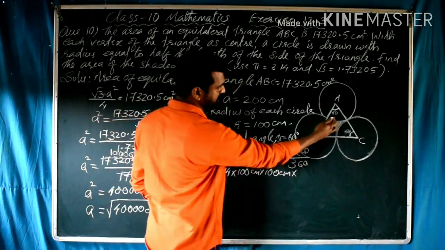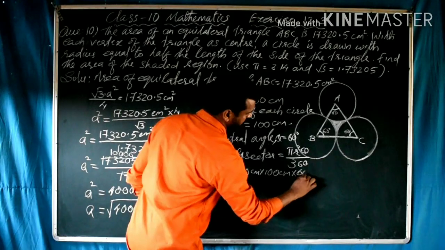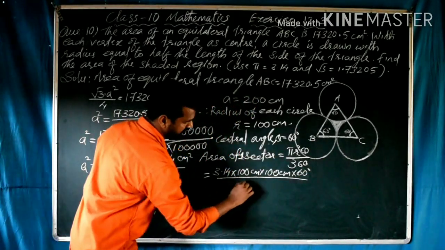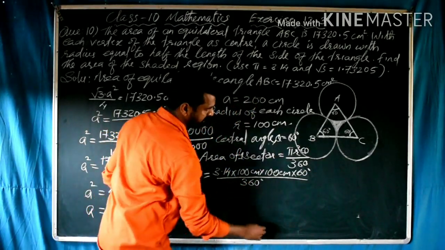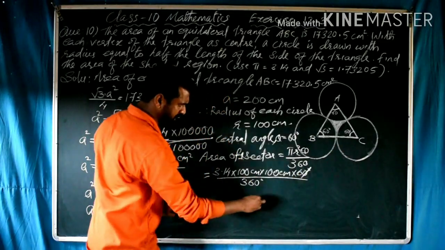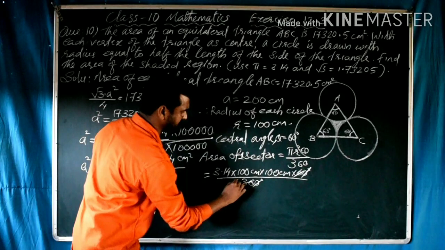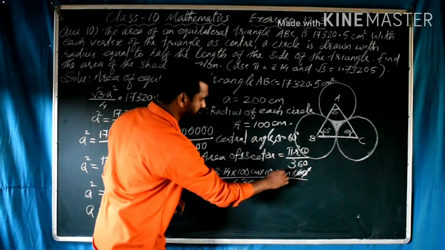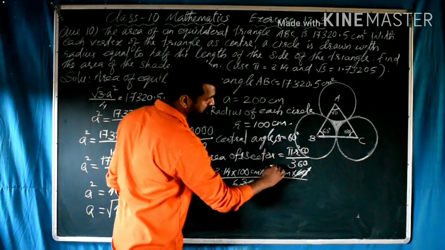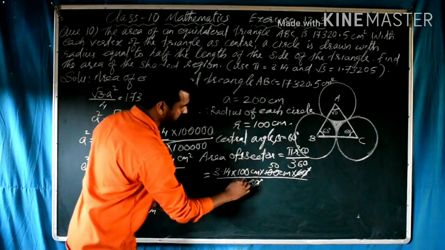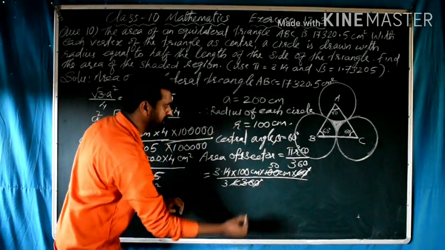Central angle theta is 60 degree, divided by 360 degree. Now 60 divided by 360 we can cancel, 0 cancel, 6 divided by 36, 6 sixes are 36, then 100 divided by 2 is 50, 60 divided by 2 is 3.